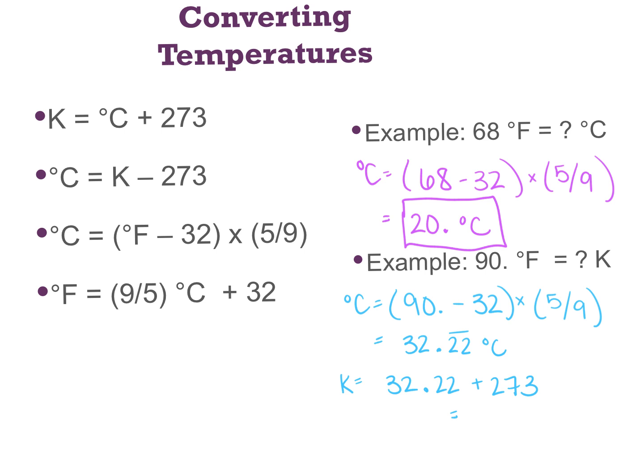And if you can do copy and paste with the 32.222, use that because we only want to round one time and we want to round at the very end. Okay, so what's 273 plus 32.22 repeating? Okay. And so again, sig figs are tough to track during temperatures, so I'm not going to be picky about this. Just something like 305.22 is acceptable.